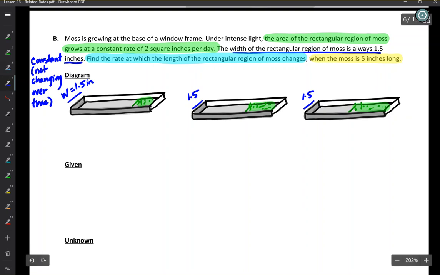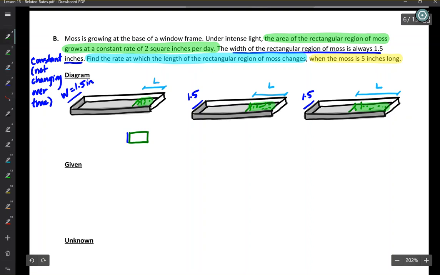And we've been asked to find out about the rate at which the length of the rectangular region of moss is changing. So here's this length. And since the moss is growing, that length is getting longer and longer. Its rate of change is positive because it's increasing. We can also draw this. You don't have to draw 3D. It's fun, but here's my moss. There's its area.